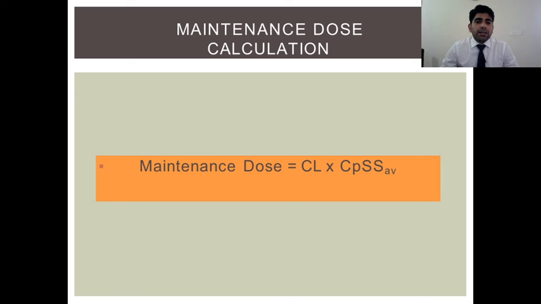Let's see. Maintenance dose is equal to clearance, the pharmacokinetic parameter we have already gone through, multiplied by the average steady state plasma concentration of the drug, or you can say the average of that particular fluctuation.